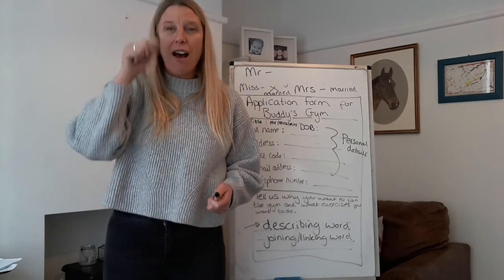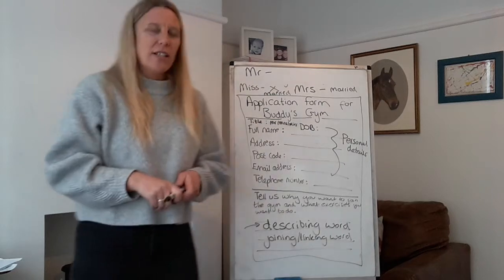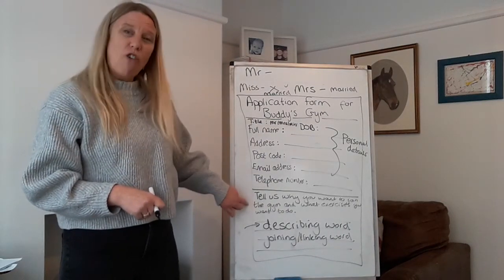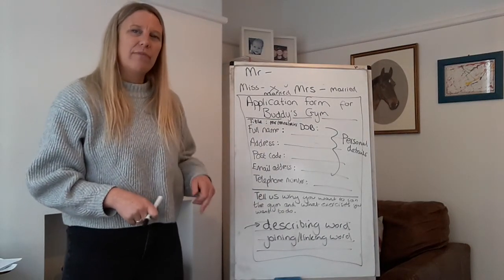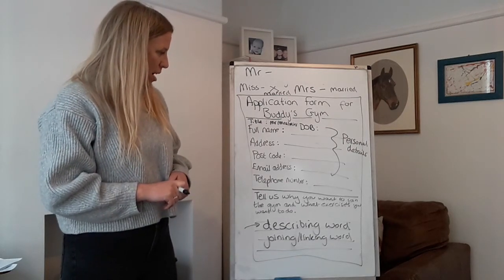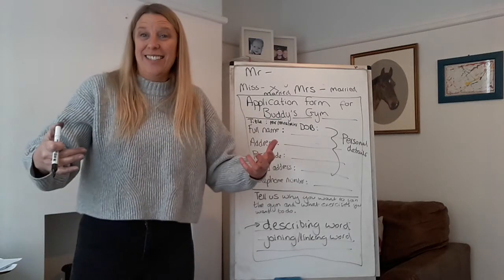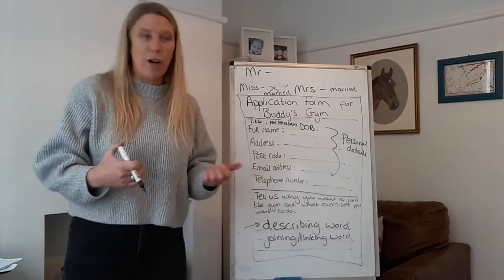I have eyes. I have blue eyes. Blue is the describing word. So you need to use describing words in here. So I want to join the gym because I want to lose weight because I am too fat. Fat is a describing word.